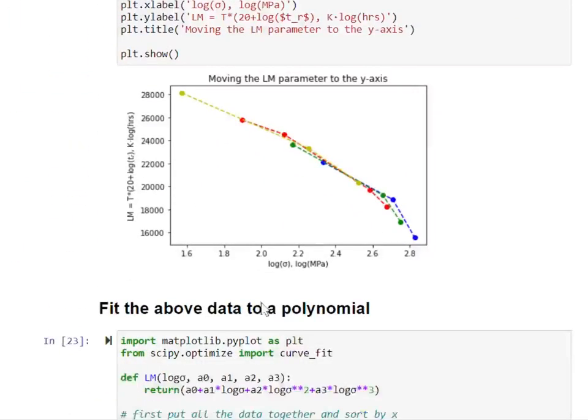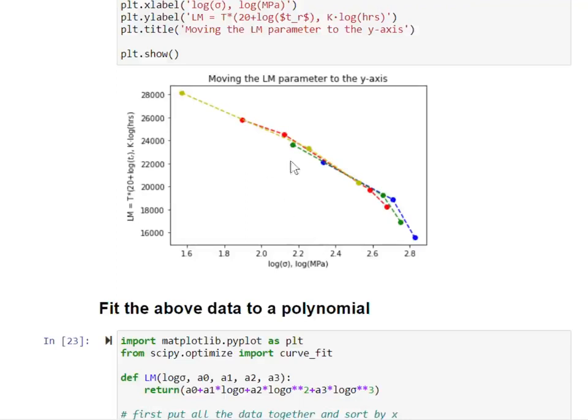That means I really want my data set plotted this way: Larson-Miller here and stress over here. Right. So now I can fit this, and when I fit this, I'm going to have a function where the Larson-Miller parameter is equal to my polynomial fit, where my x values are the log of the stress.